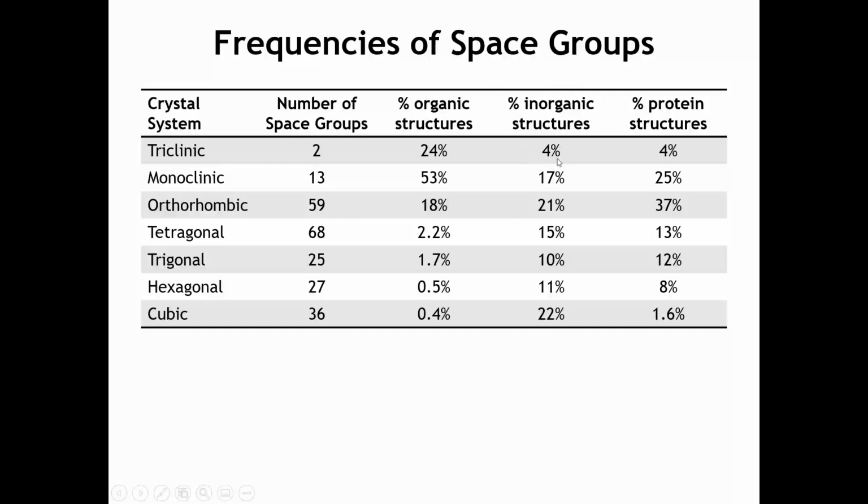If we look at the inorganic structures, which are contained in the ICSD, the Inorganic Crystal Structure Database, we see a much more even distribution across all of the crystal systems. And in fact, the cubic crystal system is actually the most represented among inorganic crystal structures. And then finally, just to say a little bit about proteins, proteins are a little bit in between.